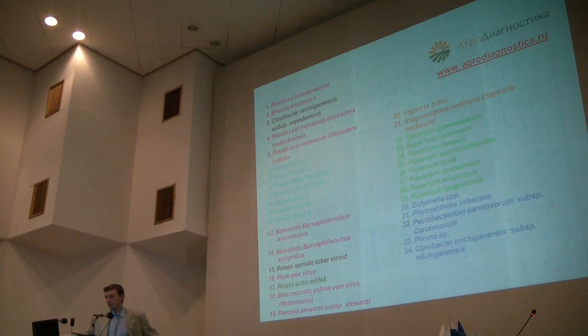And in our laboratory, we developed test PCR-based systems for the detection of plant pathogens of different types of organisms, like fungi, Fusarium, bacteria, plant viruses, potato plant viruses, and other pathogens.